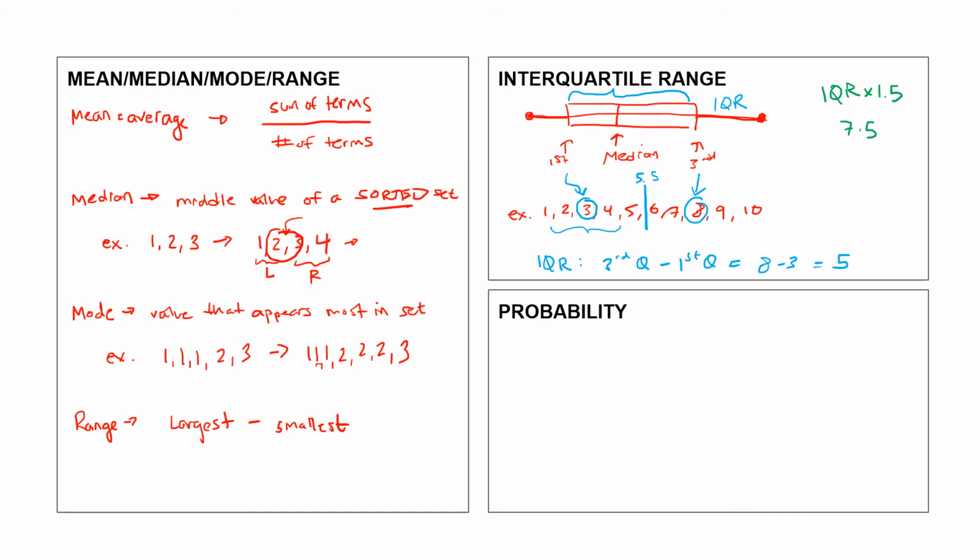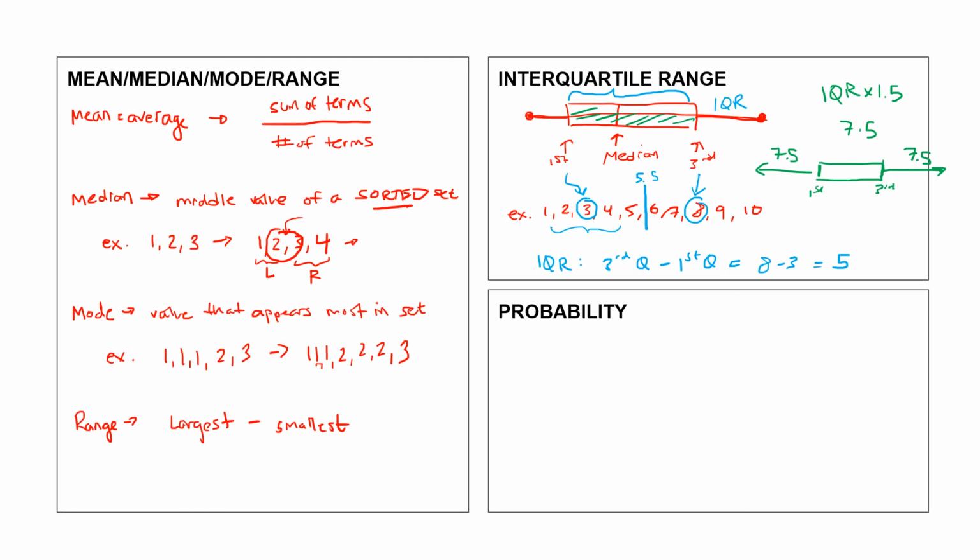And now I'm going to draw this interquartile range again, this box over here. From that first quartile, if we go 7.5 in that direction, or from the third quartile, go 7.5 in this direction, that will tell us what our range is before we start counting certain data points as outliers.